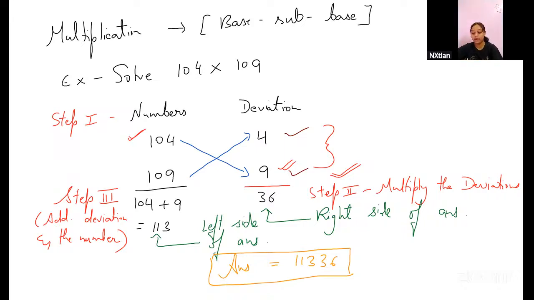You get the same answer by adding either way. So 104 and 9 gives me 113. This is step 3 and my left side of the answer. Now we put them together to find the final answer, that is 11336.